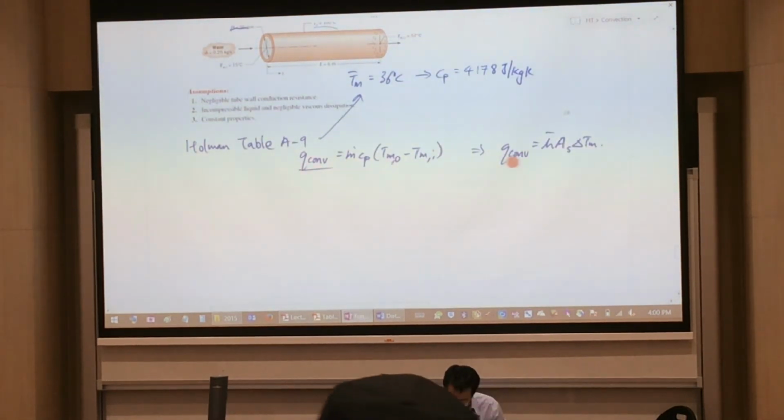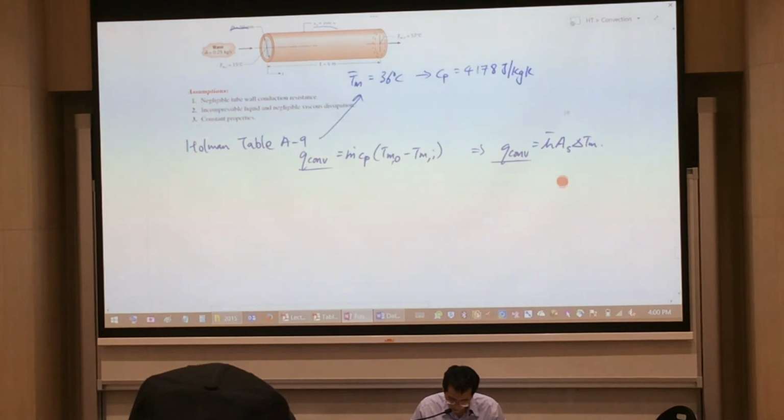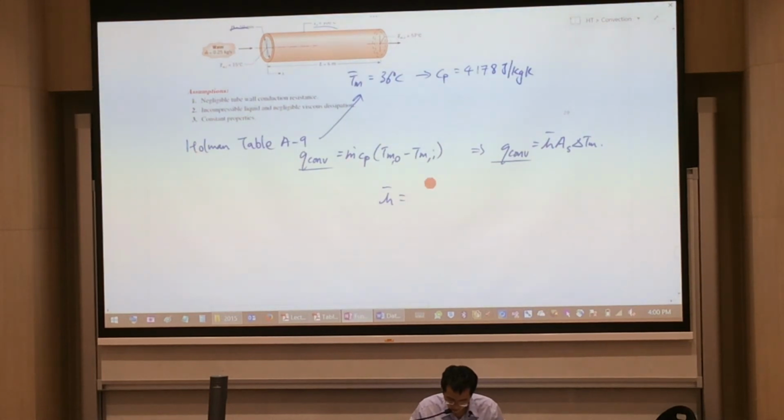So since this is Q convection and that's Q convection, I could put these two equations together and bring out h bar as the subject. So I'm going to rearrange that formula. That will give you the following. The As is actually pi d L, from this surface area where heat is transferring in radially. So that will be Tm outlet minus Tm inlet, divided by delta Tm.